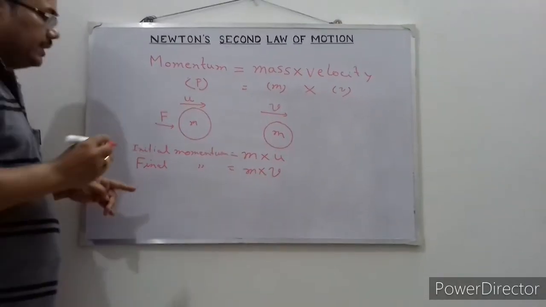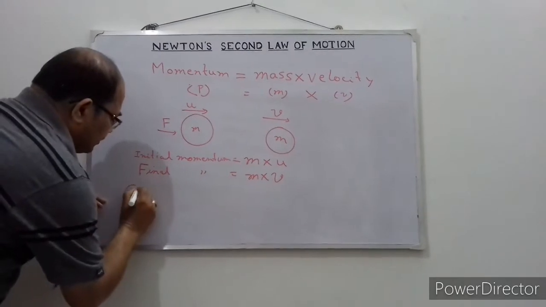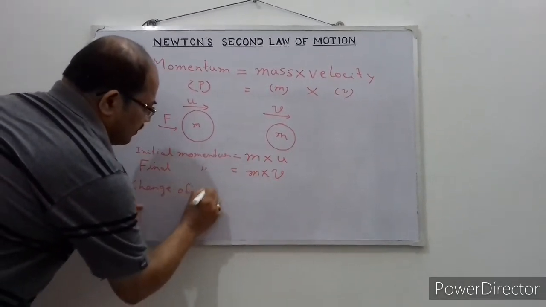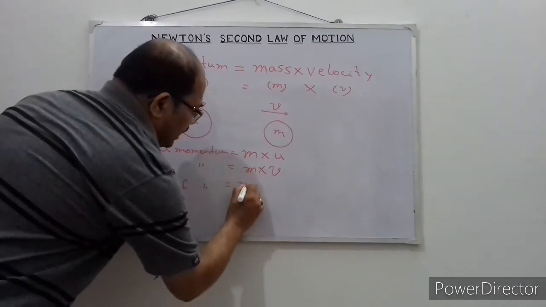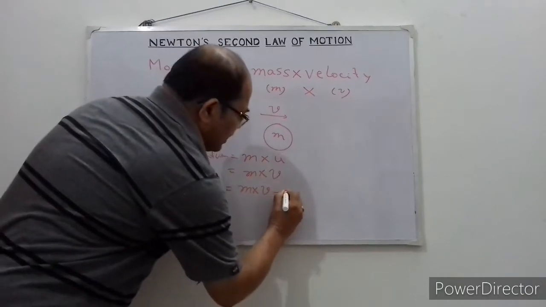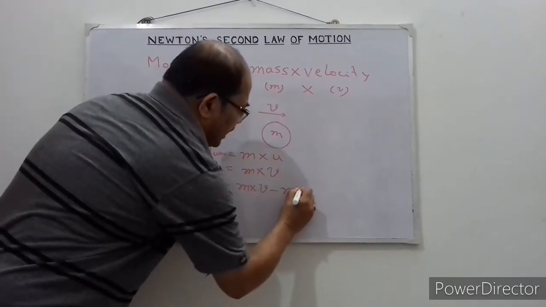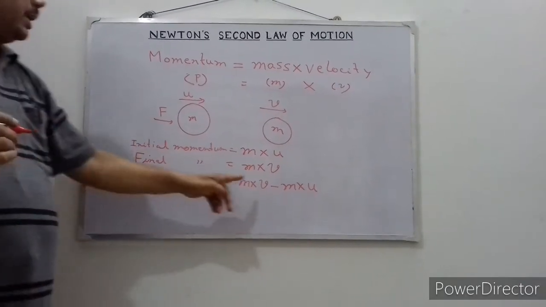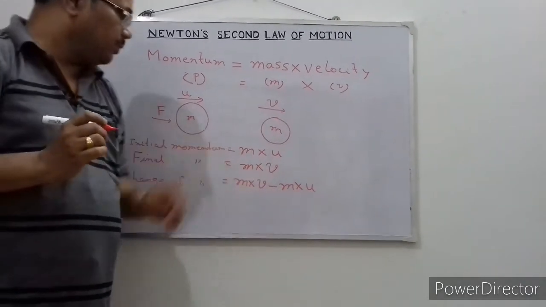Okay. Now change of momentum equals final momentum m into v minus initial momentum m into u. So change of momentum equals mv minus mu.